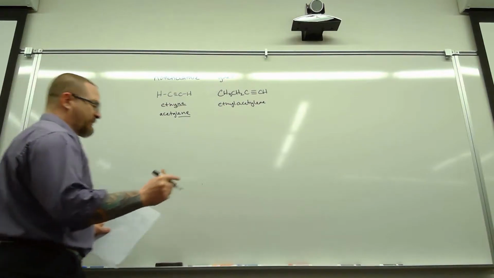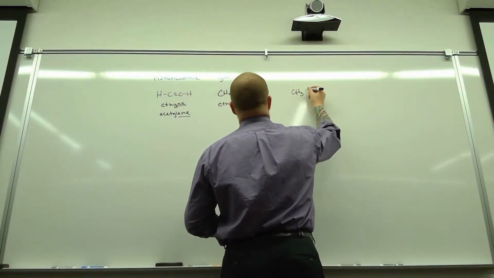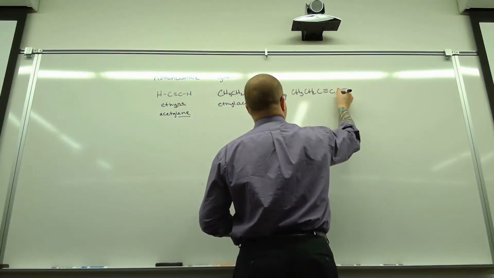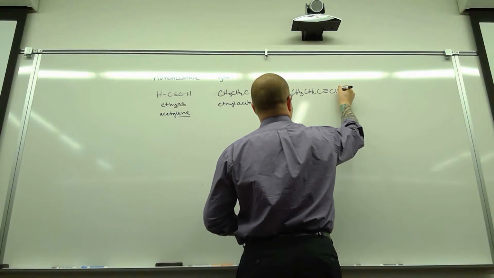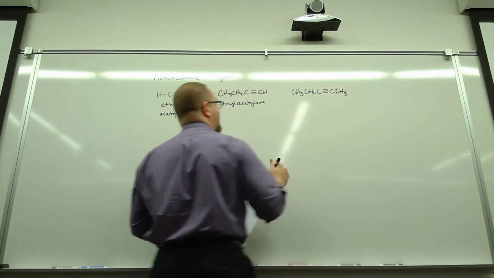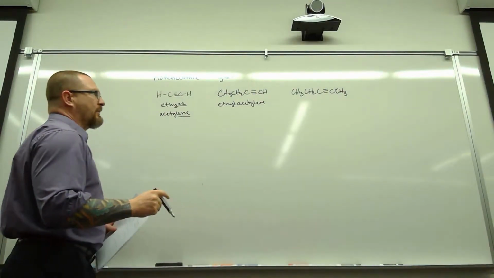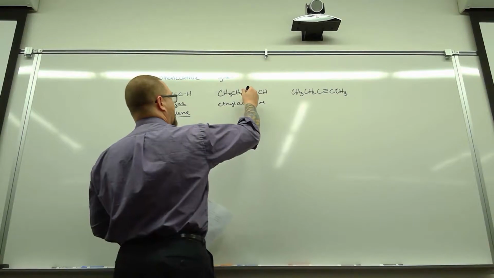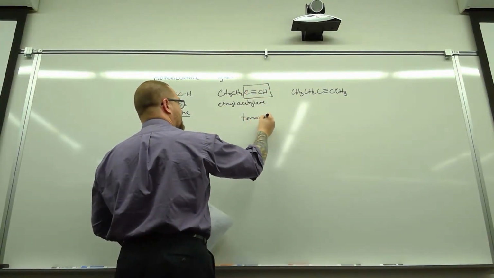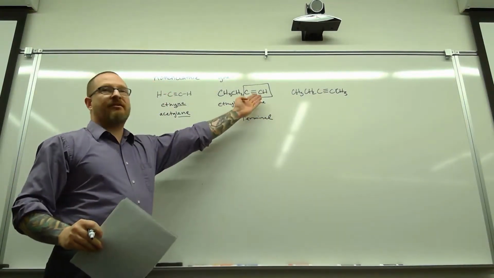There's 2 terms that are actually probably worth looking at. Let's do ethyl methyl real fast. So this is ethyl methylacetylene. There's 2 classes of alkynes that we're generally going to pay attention to. This is a terminal alkyne because it is at the end of a carbon chain.